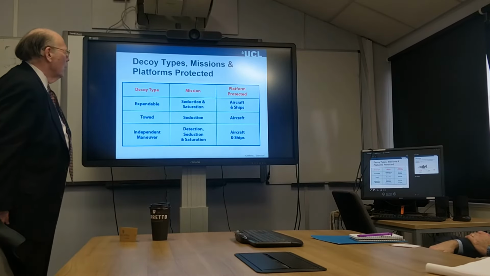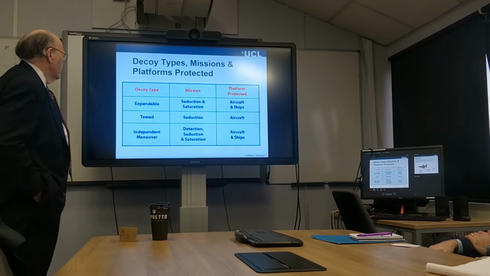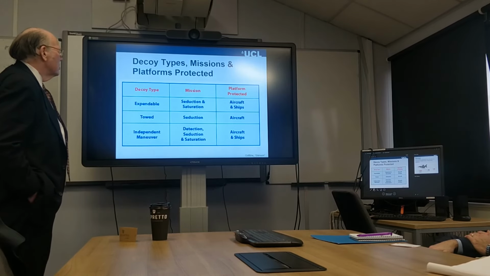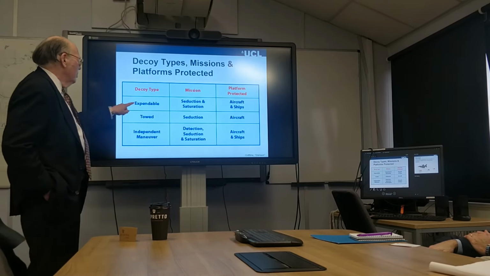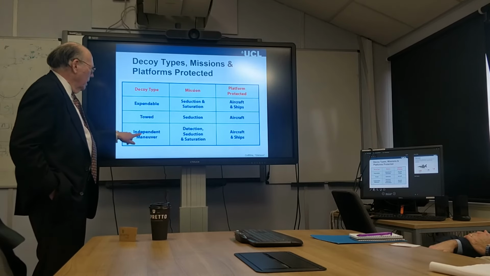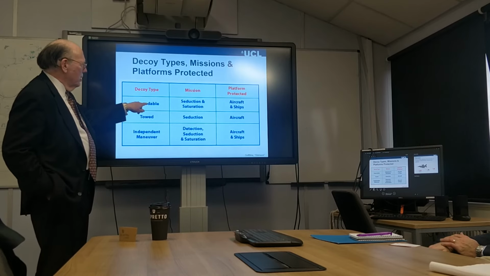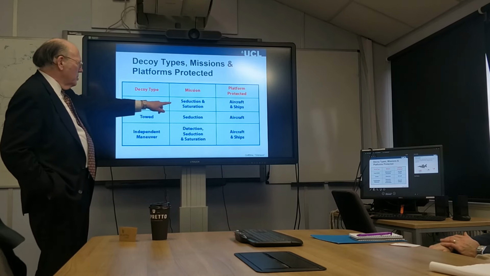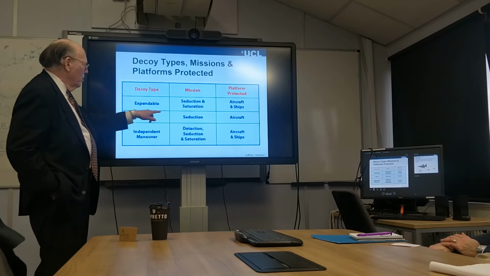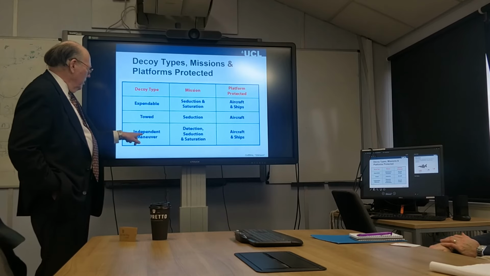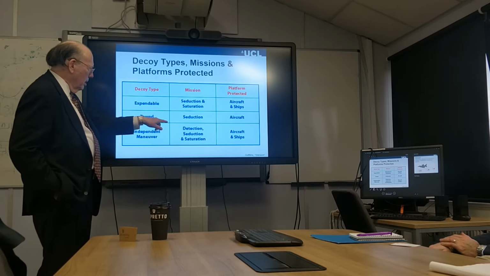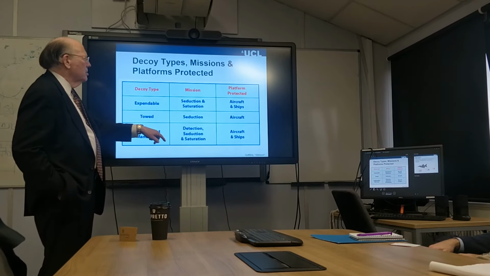Another countermeasure is a decoy, and there are basically three kinds of decoys. There are expendable, towed, and independent maneuver. So the missions then for the expendable are seduction and saturation, towed is seduction, and independent maneuver is detection, seduction, and saturation.